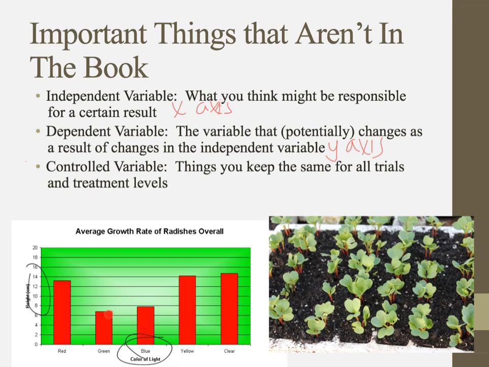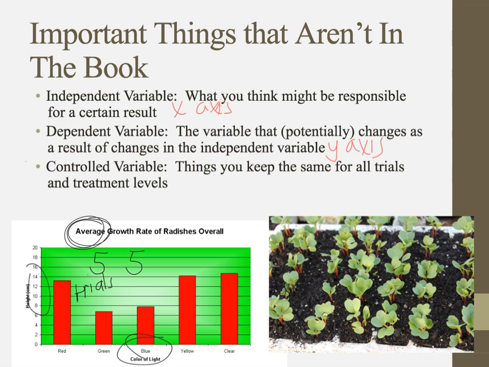So obviously, in order to get this data, someone had to expose radishes to 1, 2, 3, 4, 5 different colors of light. And I'm going to guess, since they found an average, that they had multiple trials of each. They probably, if they're good IB students, had at least 5 plants or 5 trials.